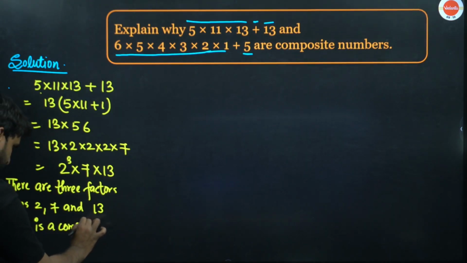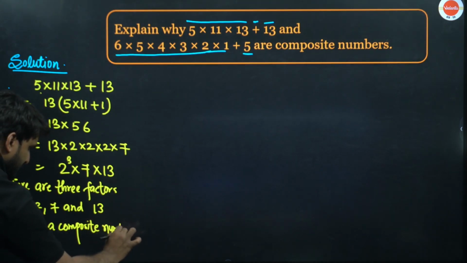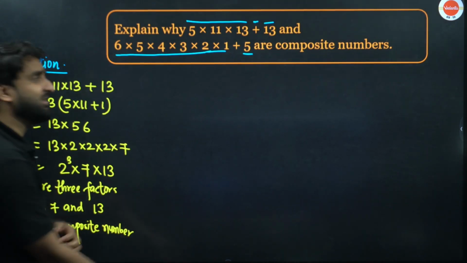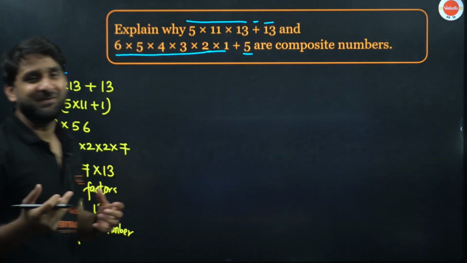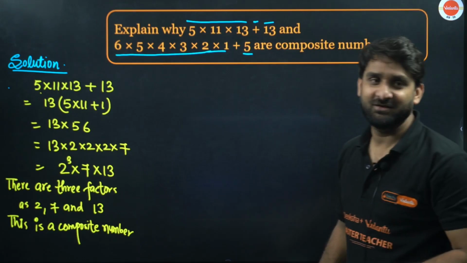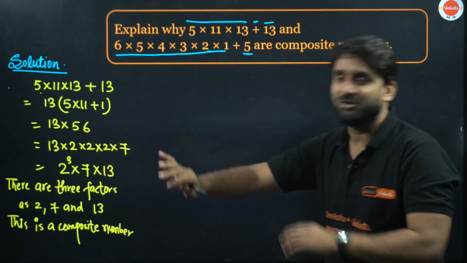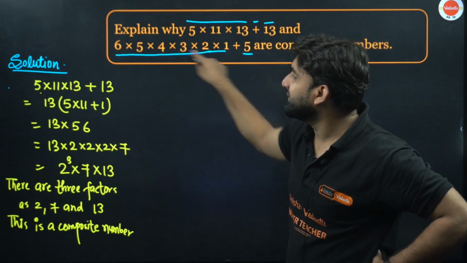Yes. The number itself and 1 are also factors, but we are getting 3 more factors in the form of 2, 7 and 13. So it indicates that this number has to be a composite number.